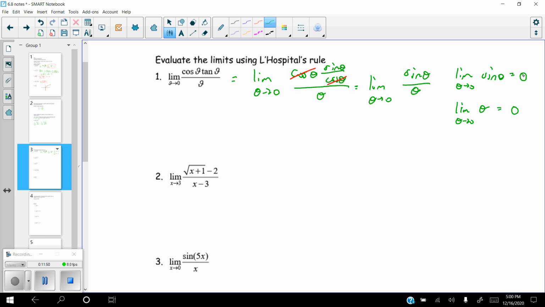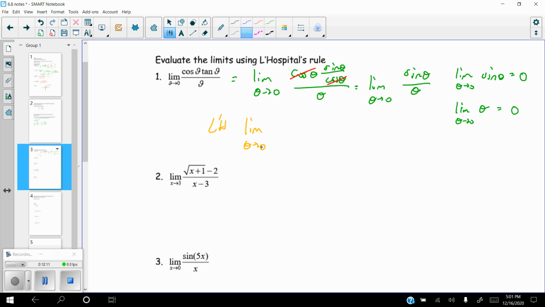If this is the case, now we can apply L'Hopital's rule, and we just abbreviate that with an L'H, just showing that we're using that. And then I'm going to write the limit as theta approaches 0. Now, L'Hopital's rule says take the derivative of the numerator and the denominator separately. It is not the quotient rule.